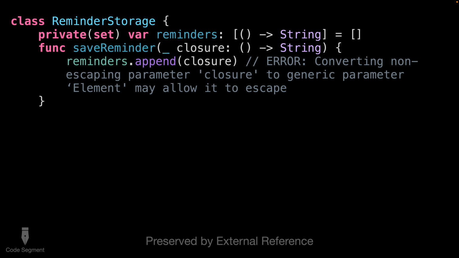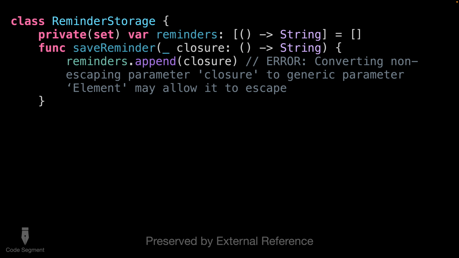Here, though, we're adding it to this array, which means the ref count goes up. So when we leave the save reminder function, the ref count only goes down to 1. And so it gets retained and held in memory, and therefore it escapes the function. It's no longer held only within the function's scope. It has been saved by something else.